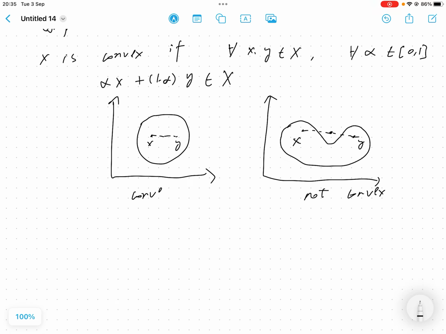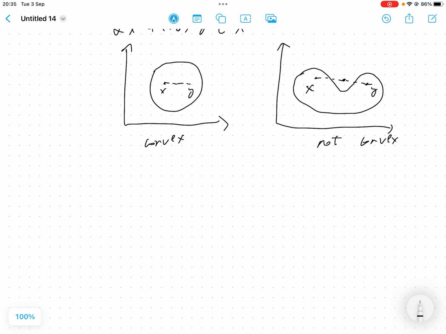That's pretty much everything that we need to define to give the statement for Kakutani's fixed point theorem.